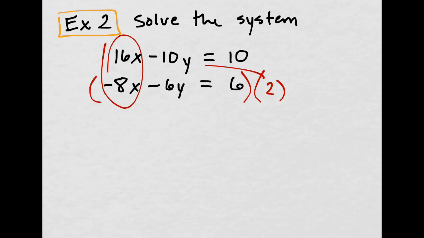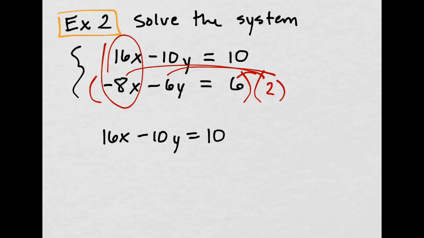And I do it by a positive 2 because watch what happens. 2 times negative 8 is negative 16, and then they cancel. So I'll have 16x minus 10y equals 10. And in the bottom, I'll have, well, I'll do this in red, negative 16x minus 12y equals 12.